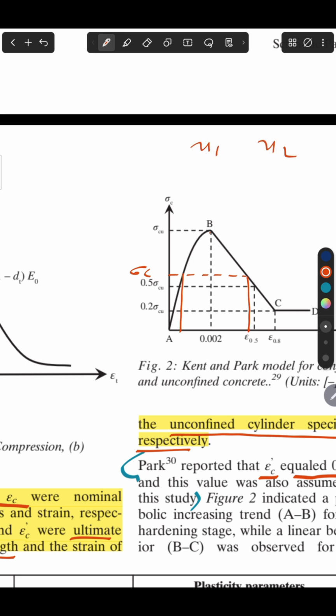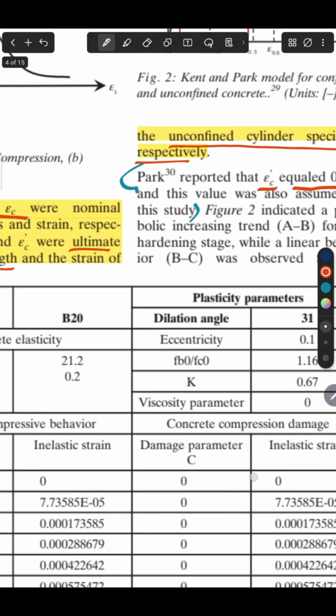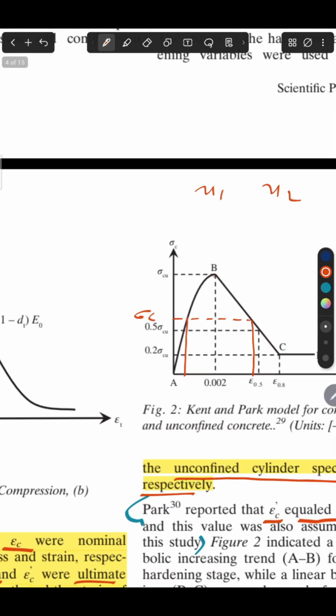And we have already seen that x2 is lesser than x1, or we can say x1 is greater than x2. So this value will be x2 and this value will be x1. Here our 0.002 is the strain, and up to the sigma cu value, from here to here the values will be x2, and after that the values will be x1.